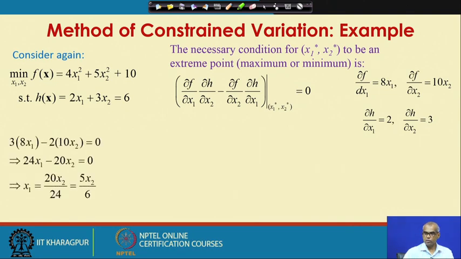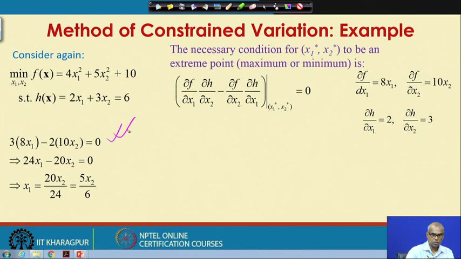If we put in all these values for the partial derivatives, I get this, which can be solved for x1, and x1 can be expressed as 5x2 by 6. So, x1 is expressed in terms of x2 using the necessary condition that we obtained.